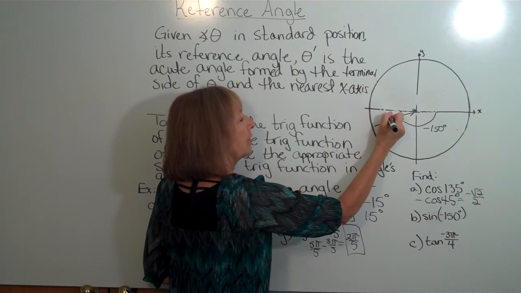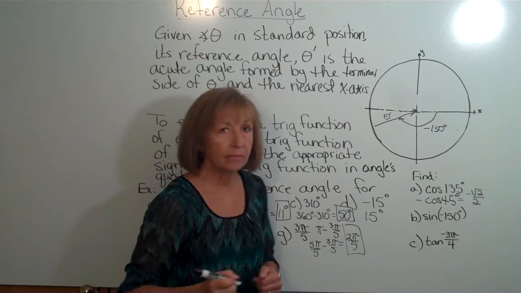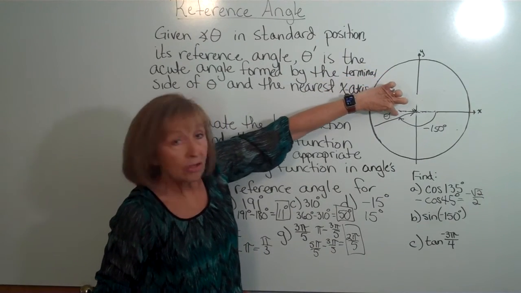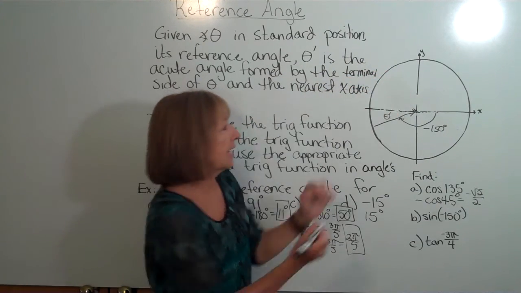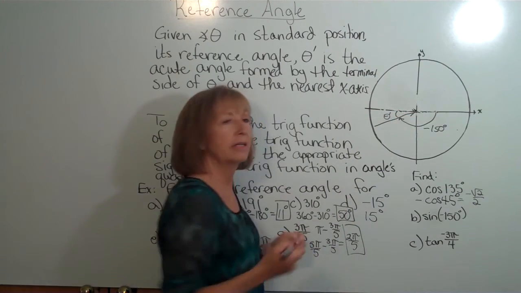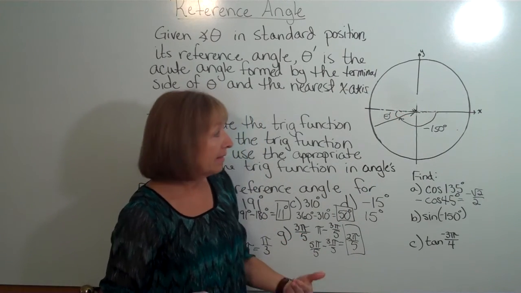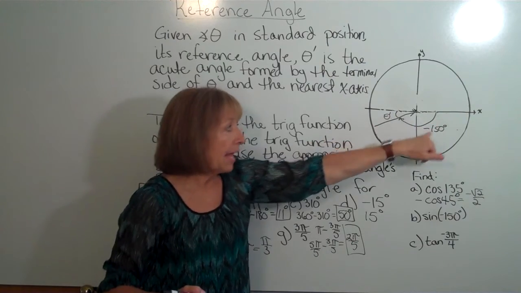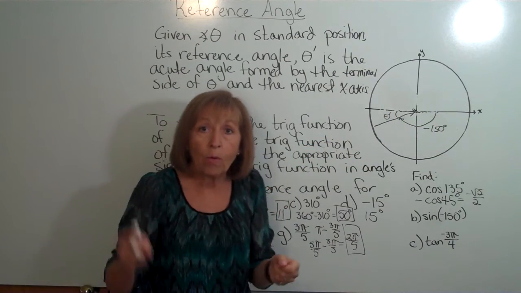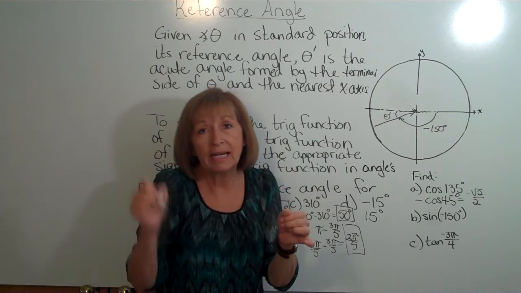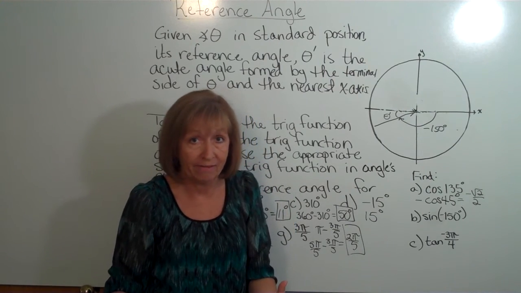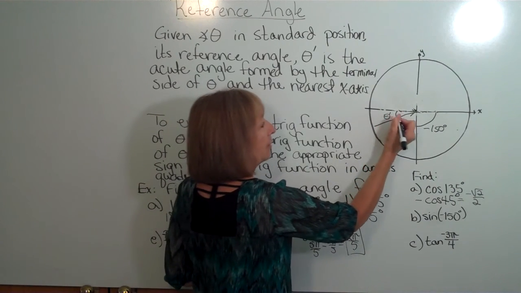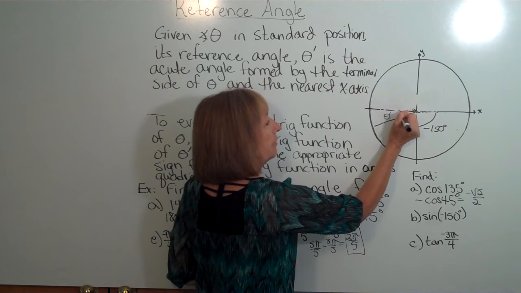The reference angle, theta prime, is the acute angle to the nearest x-axis, so that's here. And so when we think about what that would mean, I'm not quite to the negative 180, and in fact I'm 30 degrees shy of that. So my reference angle, theta prime, is 30 degrees.